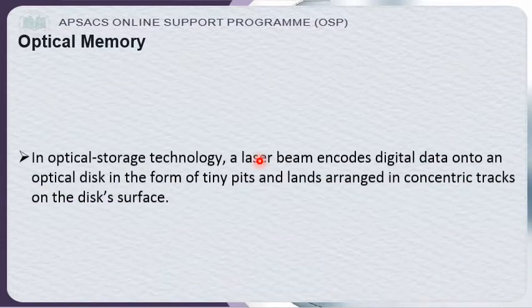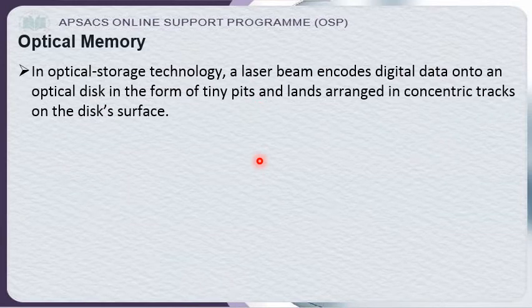The other memory, based on the manufacturing or built-in division, is optical memory. In optical storage technology, what is there? A laser beam encodes digital data onto the optical disc in the form of tiny pits and lands arranged in concentric tracks on the disk surface.